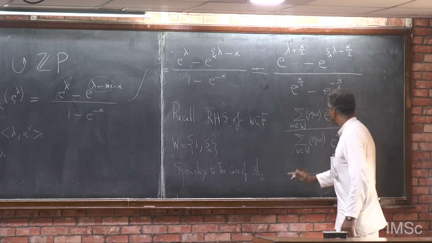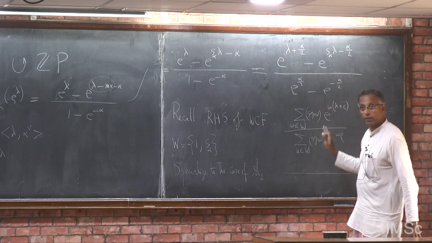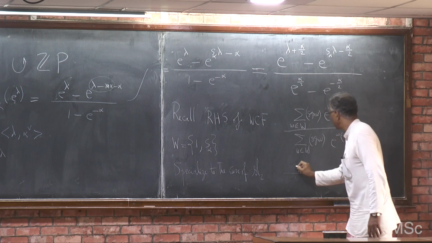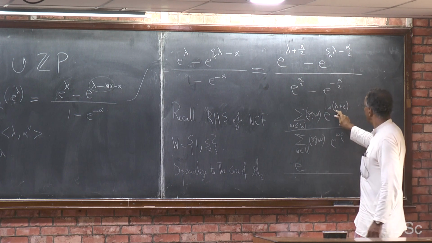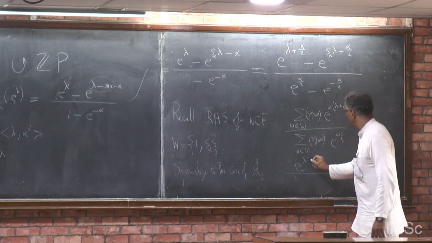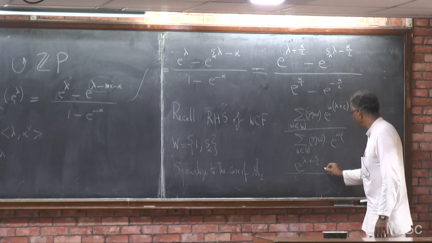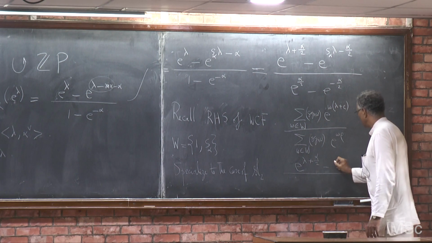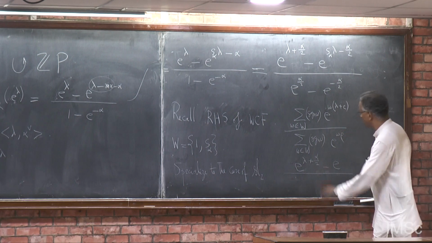So let me expand it. So the identity element, sign is 1. I don't need to write it. E, W is identity, I don't need to write. Lambda plus alpha over 2, right, minus e to the... sorry, I am doing this.